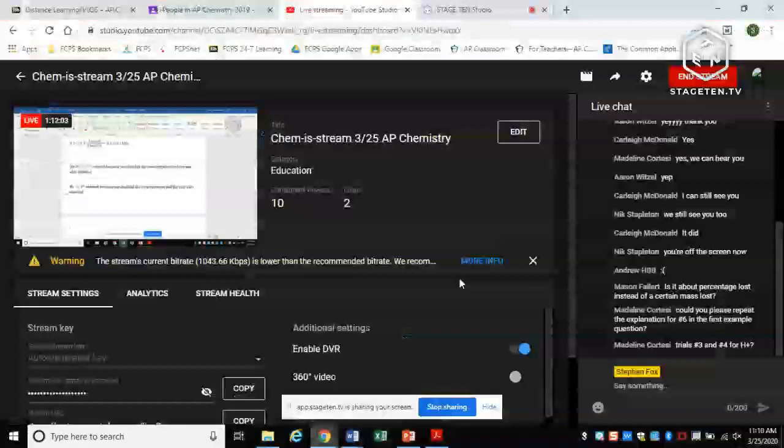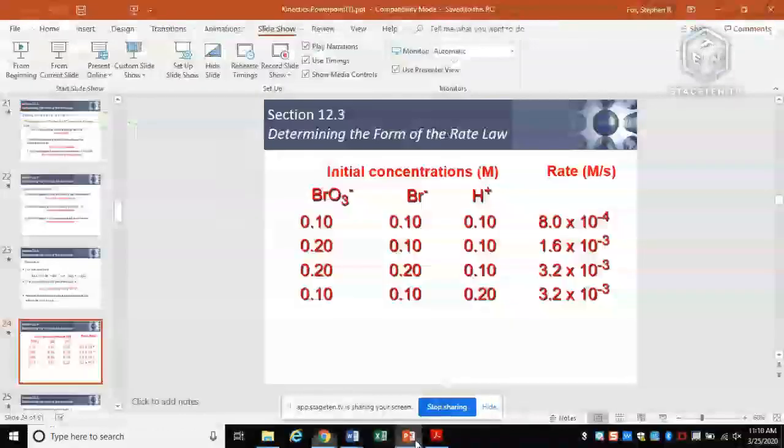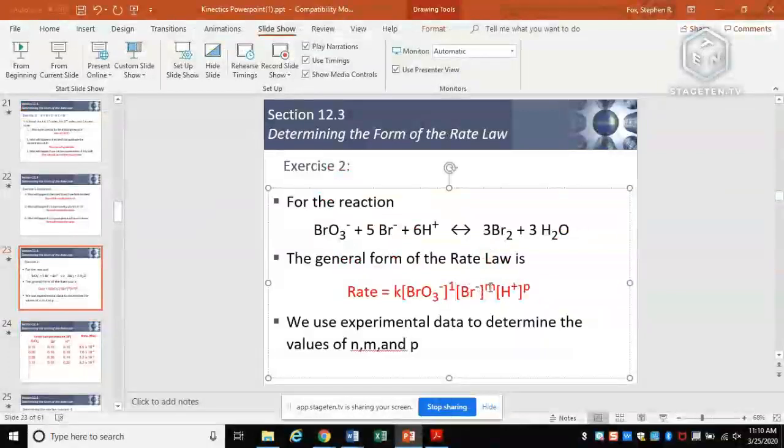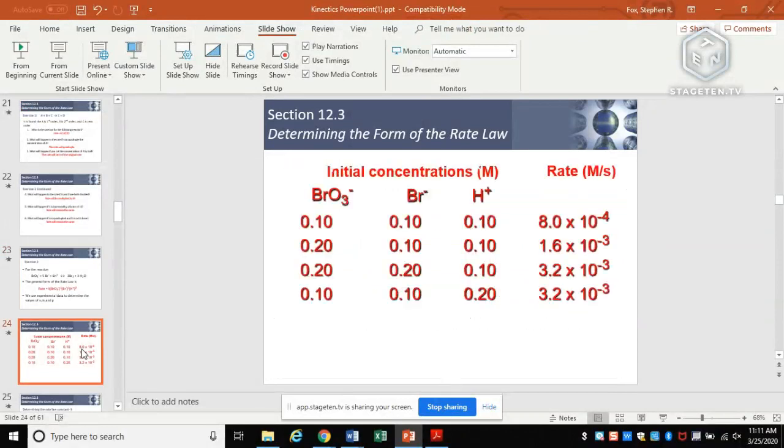So H plus is second order. So I want to type it in here. That means 1 would go there, 1 would go there, and 2 would go there. Now the ones are understood, so you don't need to write 1 there. But that would be our rate law based on this data.